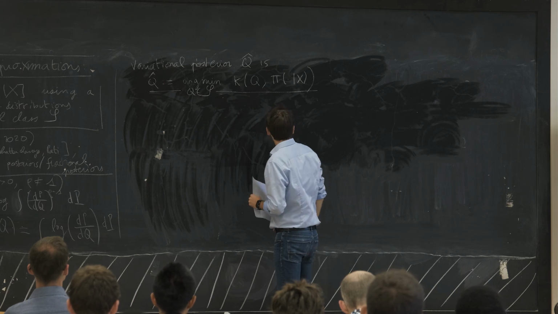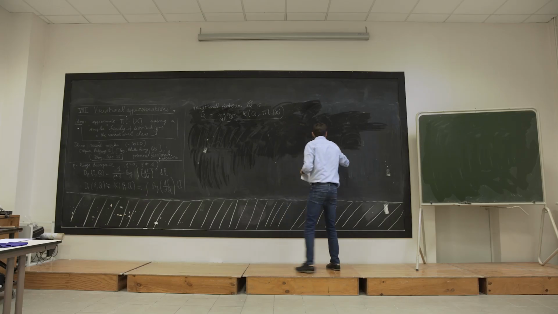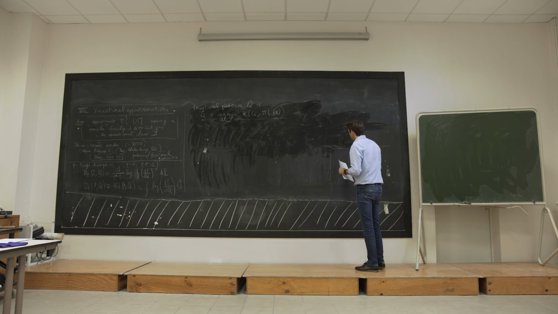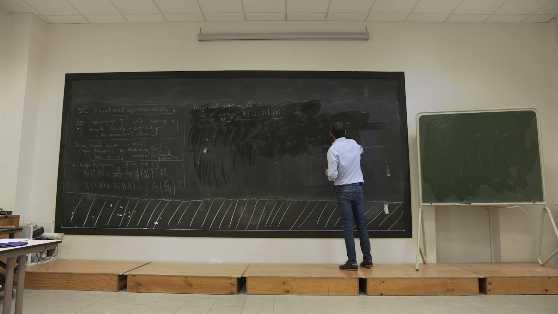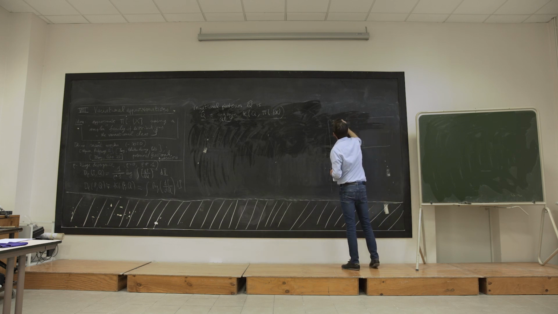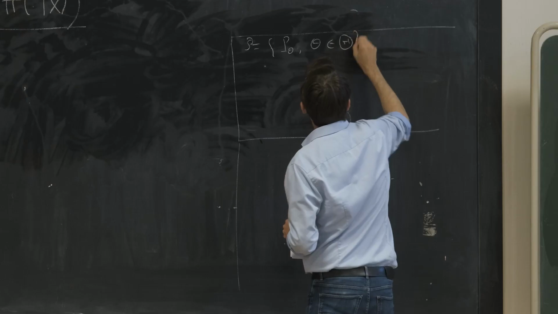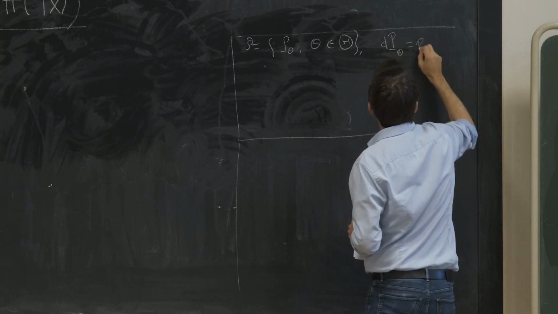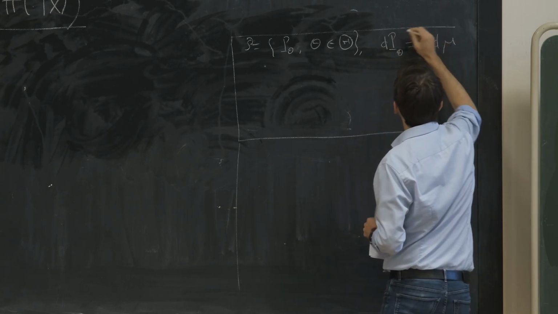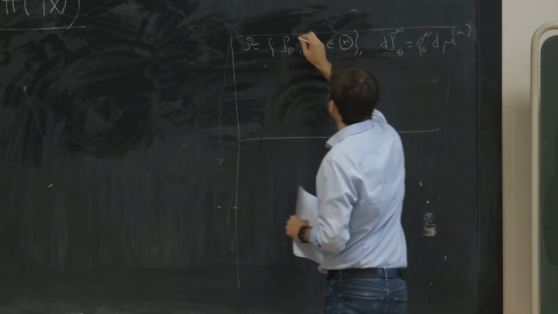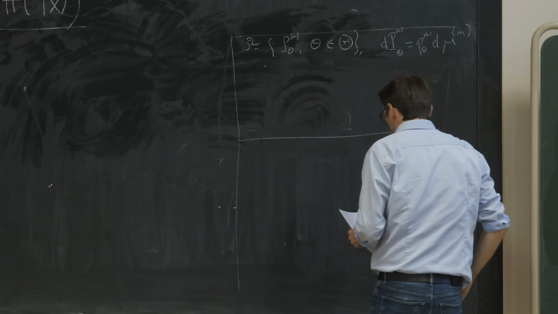All right. So let me just write down a little side computation here. Recall that, as usual, we'll work with a dominated model, P theta, theta in capital Theta, and I have a dominating measure mu, which I'll sometimes forget for simplicity.